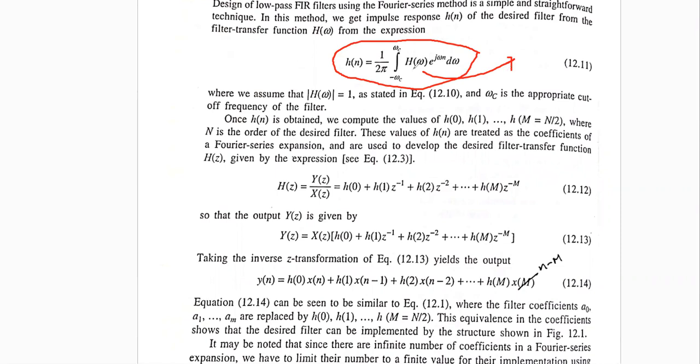By definition, H omega should be given, for the low pass, high pass, or band pass, whatever the case. From H omega, you will design your h[n]. That is our fundamental target. When we can design our h[n], then we can implement our circuit as well.